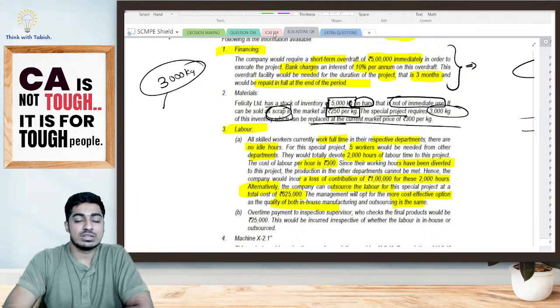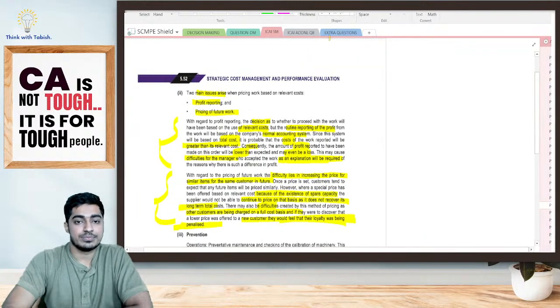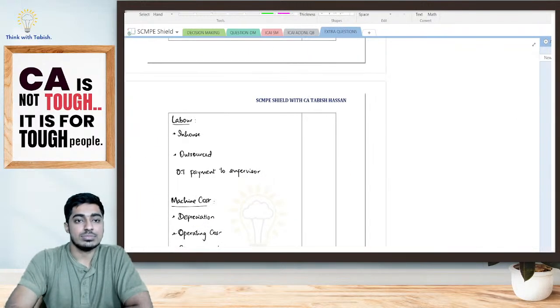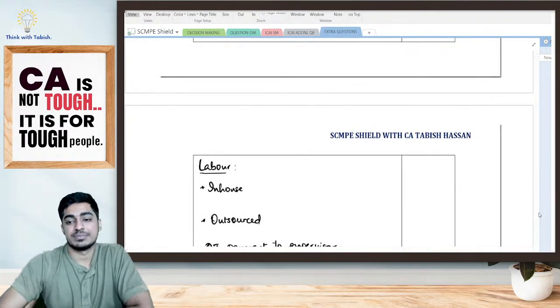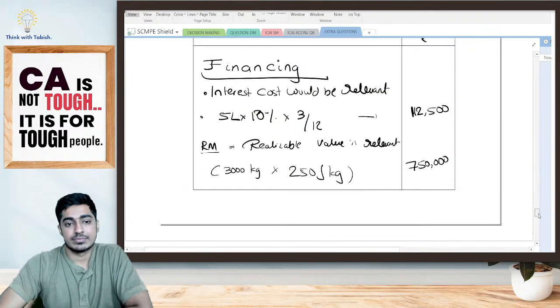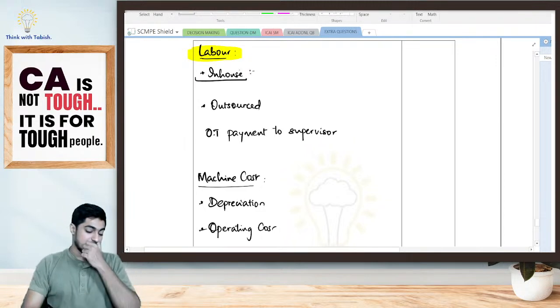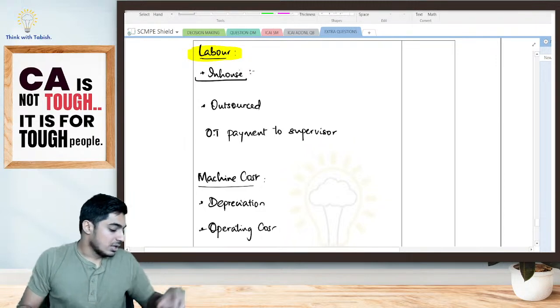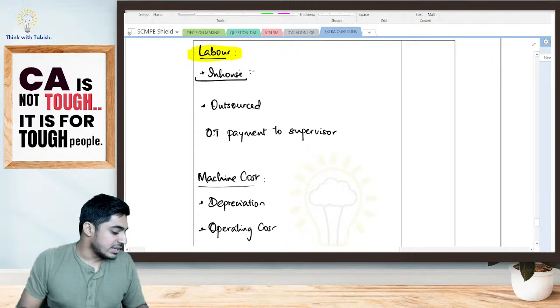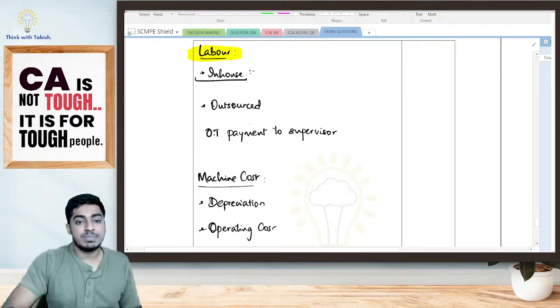Now look at this, what we are going to do. For my labor, two options are going to be there. One is in-house employees. How much do I have to pay my in-house employees?